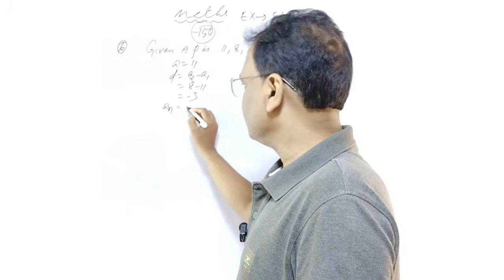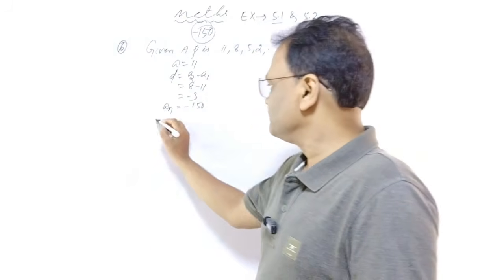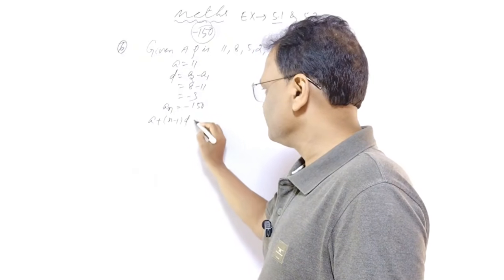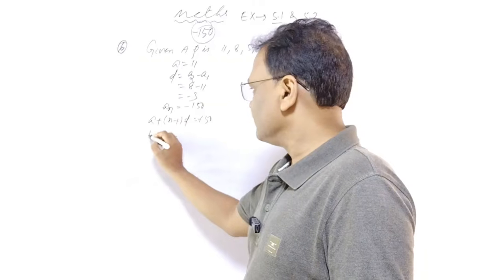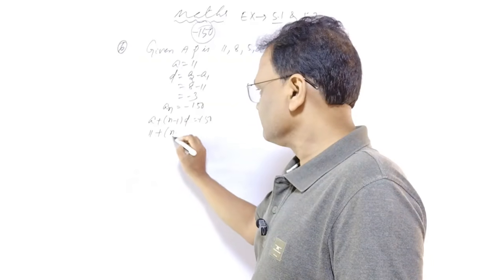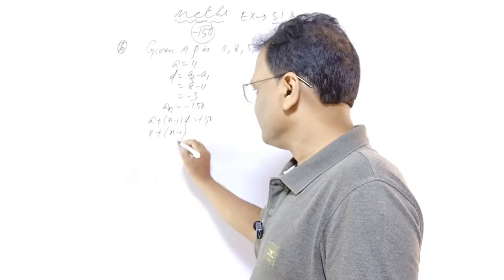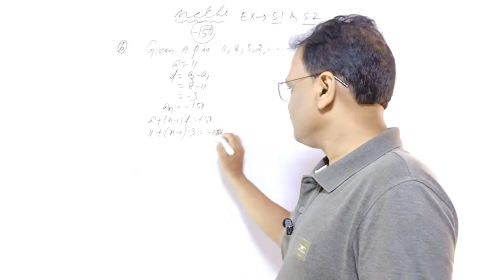Let AN be minus 150. Just write the formula: A plus (n minus 1) into d is equal to minus 150. What is A? 11. Plus (n minus 1) into d. What is d? d is minus 3, equal to minus 150.